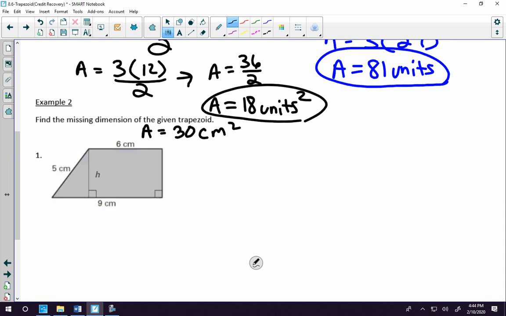That has to be given to us to find the actual dimension. So in example 2, it says find the missing dimension of the given trapezoid. We actually have to be given the area in that case. The dimension that they want us to find is actually the altitude of the trapezoid.